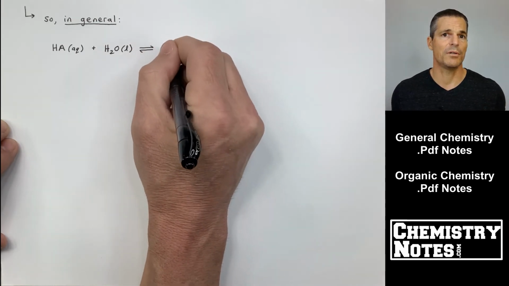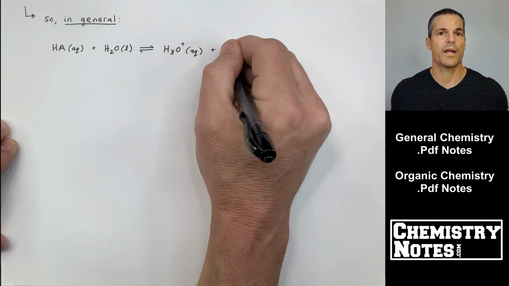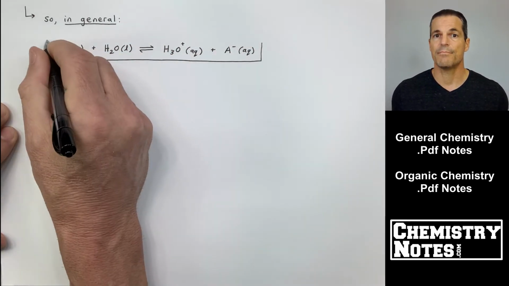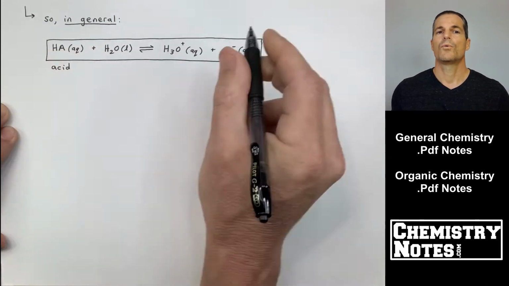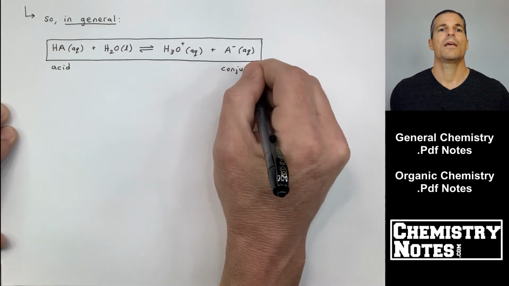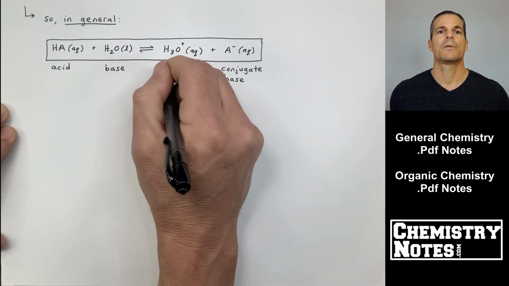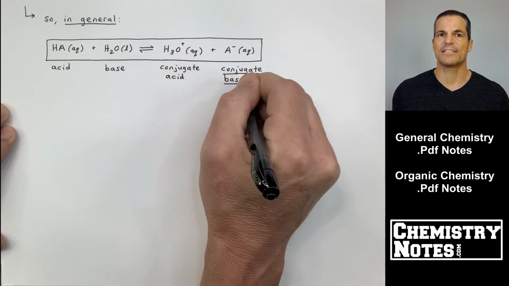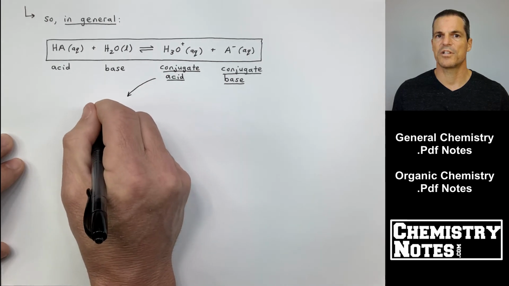So using that last specific equation, we can write a general equation, which I'm going to put a box around. HA, my acid, plus H2O, liquid, these react, and I get H3O plus, my hydronium ion, plus A minus. If HA is my acid, A minus on the other side of the equation is my conjugate base.